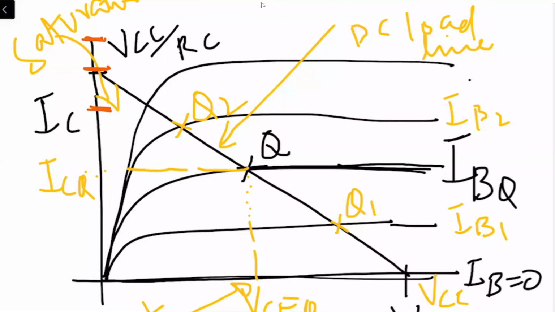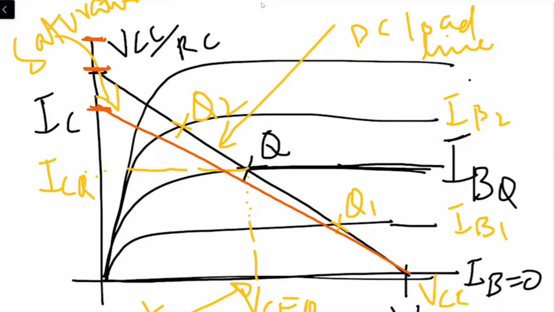So if the value of RC increases, we will have a line something like this over here. We will have a point like this, and the DC load line will have a slope which is less than the existing line.